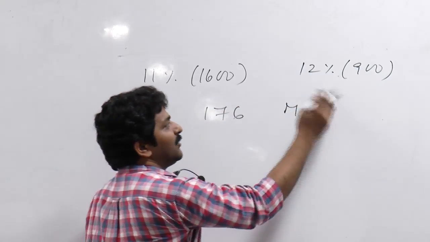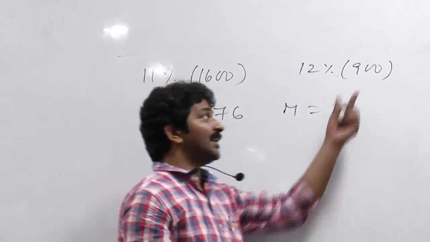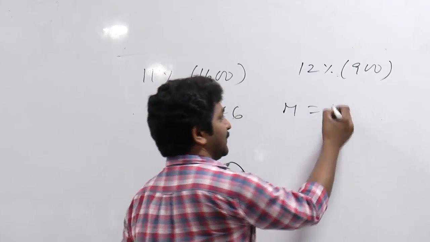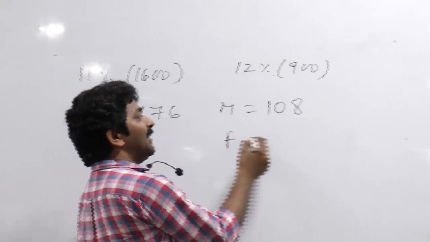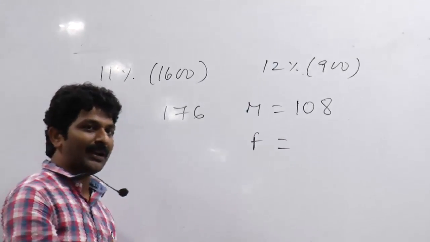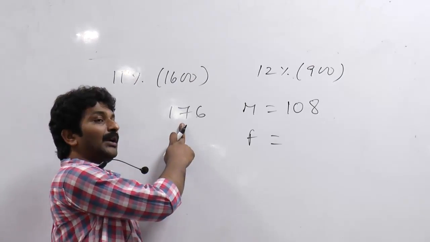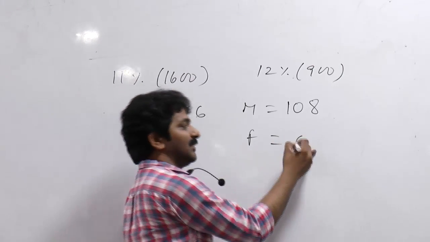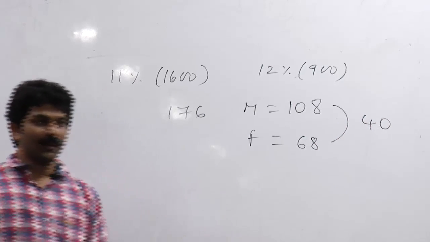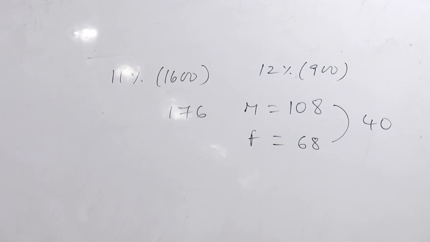And male candidates are 12% of this number. 10% is 90, 1% is 9, 2% is 18. 108. So what about female then? Difference of these two. Instead of 108, subtract 110, add 2. Subtract 110, 66 plus 2, 68. And you are asked about the difference of male candidates and female candidates.